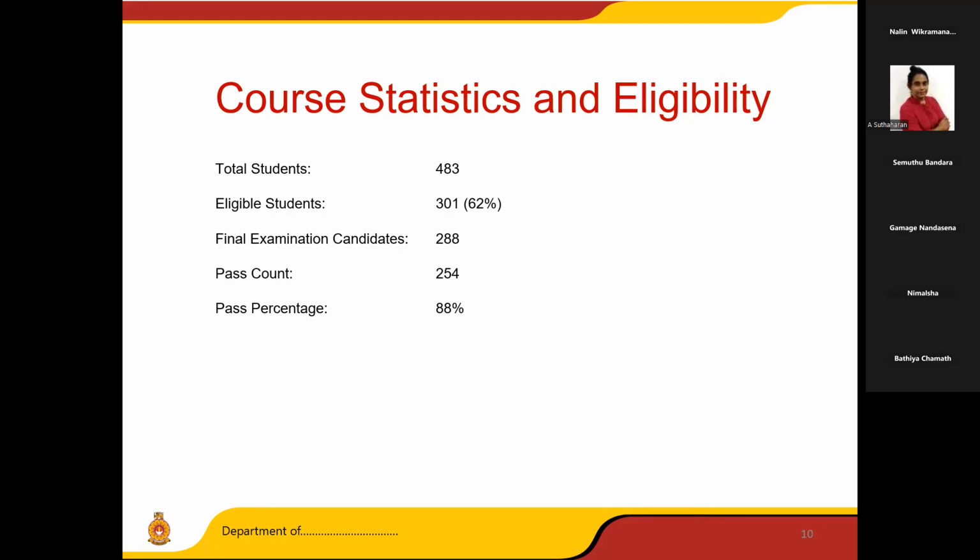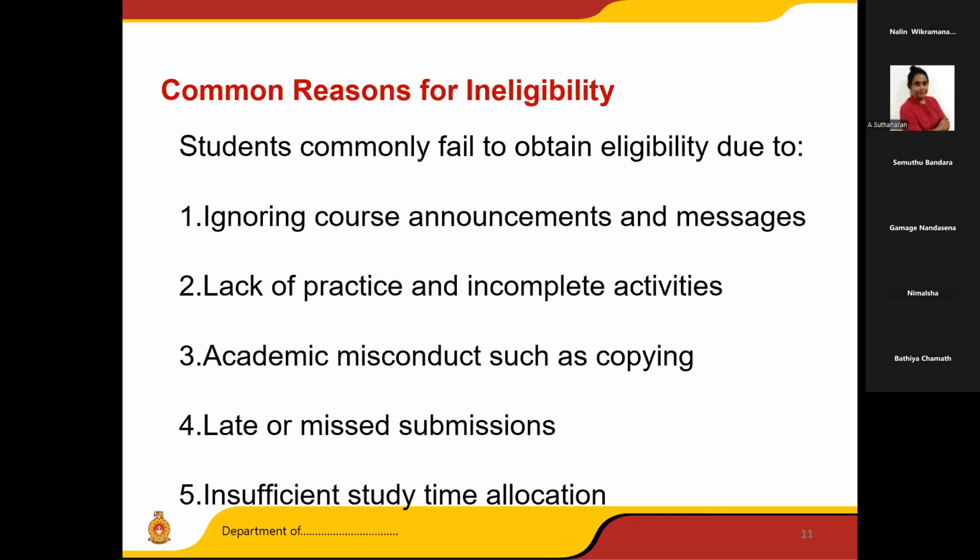This may change, but you can see the registered students, the pass percentage and the eligible percentage as well. Whenever the eligibility is reducing, it means that you are not meeting the deadlines and not doing your work properly on time. So that is the reason. Please keep that in mind and start working properly.